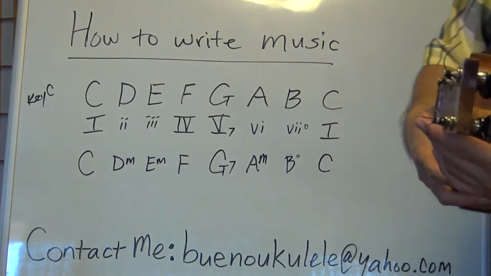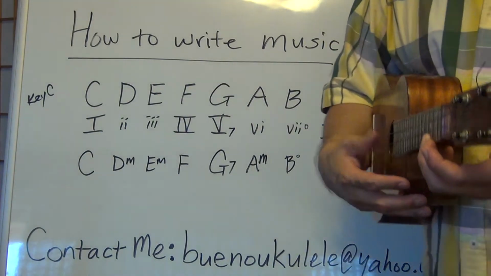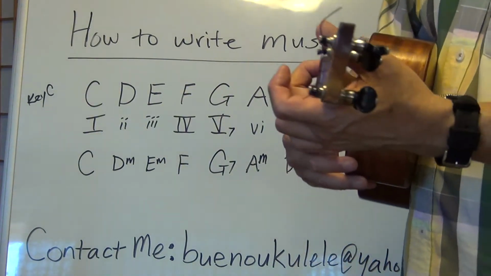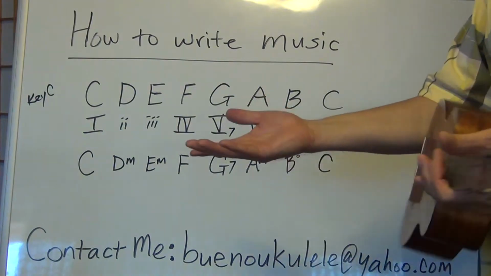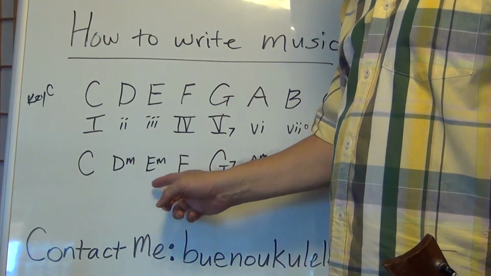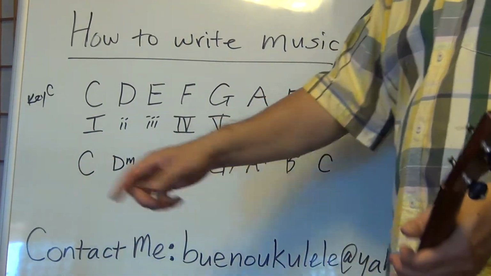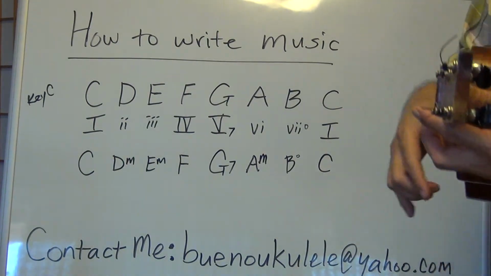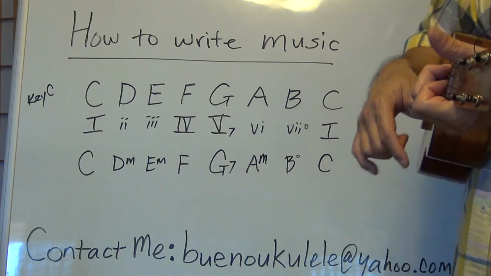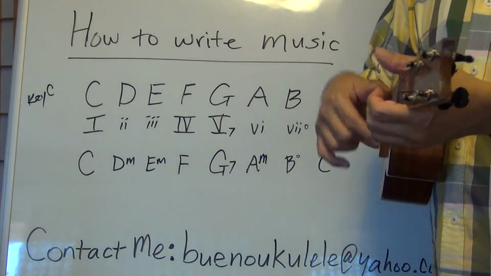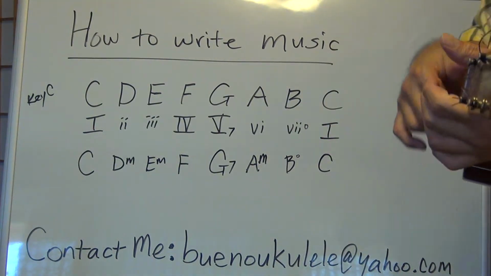So here's a kind of a ballad with C, and then let's say I choose an A minor to go to, and a G7 to a C. Or I'm just using these chords here: C, D minor, E minor, D minor, C. So I'm just going back and forth: C, D minor, E minor, D minor, C. And then you just repeat it.